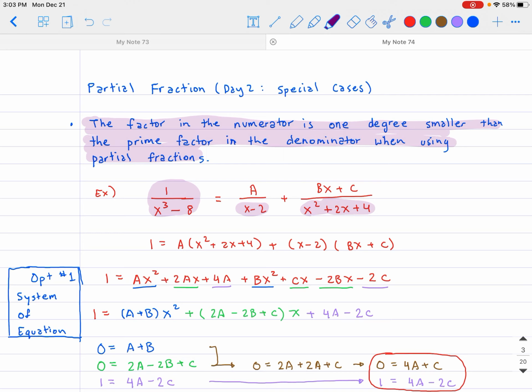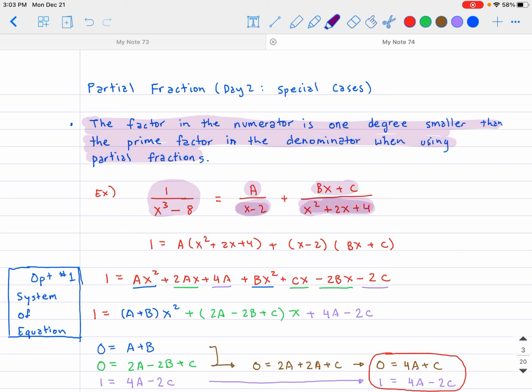Now, the numerator of the x minus 2 is just going to be A, just like last time. But the special case is the factor x squared plus 2x plus 4, where you'll notice the numerator is different.